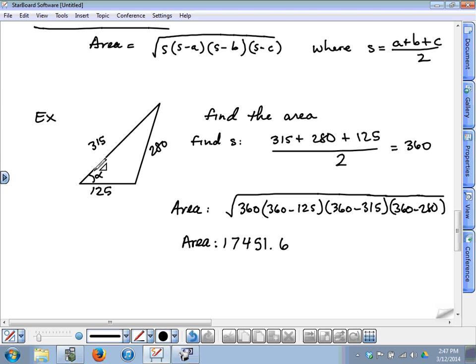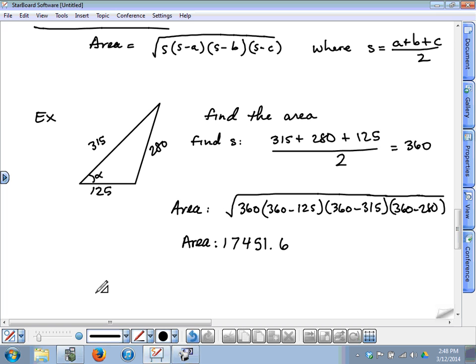Using that, you could use the two sides included by that angle, so 315 and 125, and use the formula area is equal to 1/2 AB times the sine of that angle. So this would be half of 315 times 125 times the sine of whatever that angle is. To find this angle, you have to use law of cosines. It might help to label the triangle with vertices.